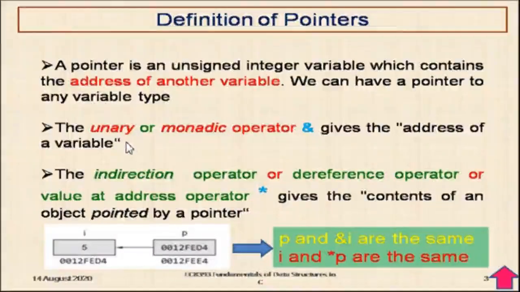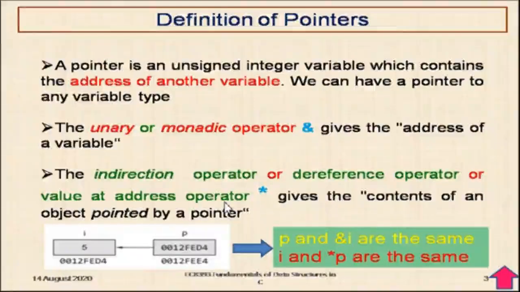The first one is the unary or monadic operator, that is the ampersand symbol. This symbol gives the address of a variable. We will see the examples. And another operator, that is star, which is called the indirection operator or dereference operator or evaluate address operator.